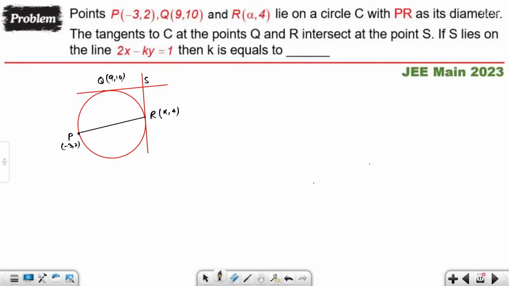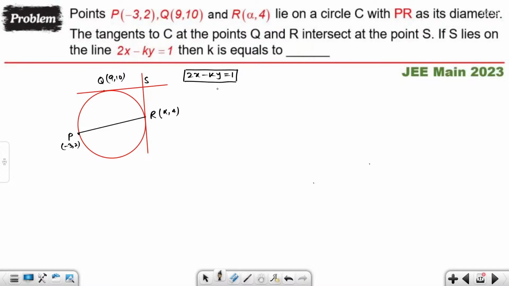This point is S. Now they have said that this point S lies on the line 2x minus ky is 1. What has been said? That this point S lies on this line. So you have to find out the value of k.